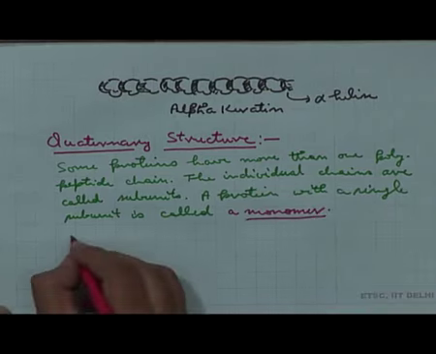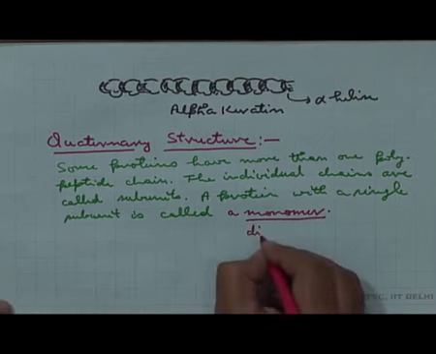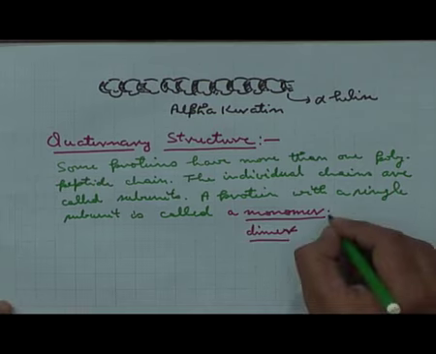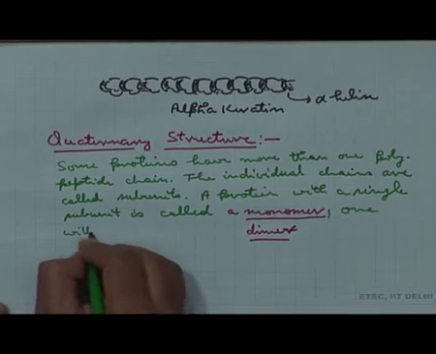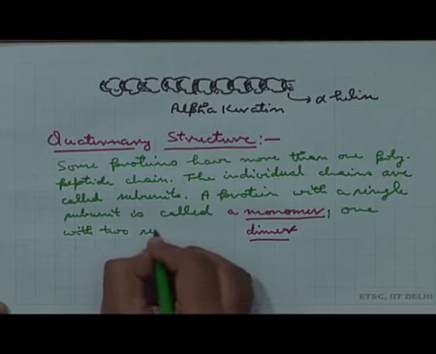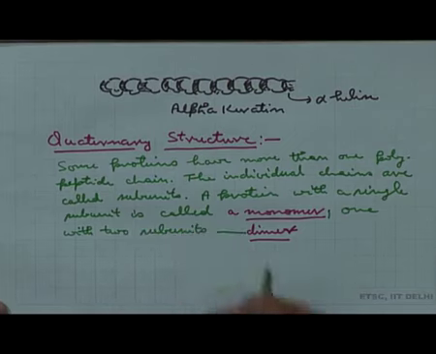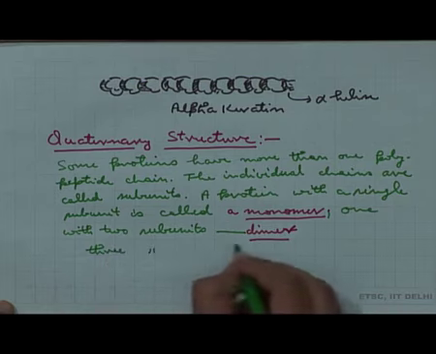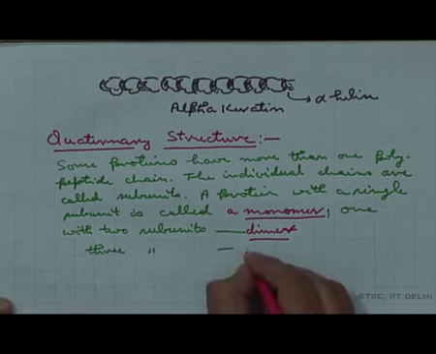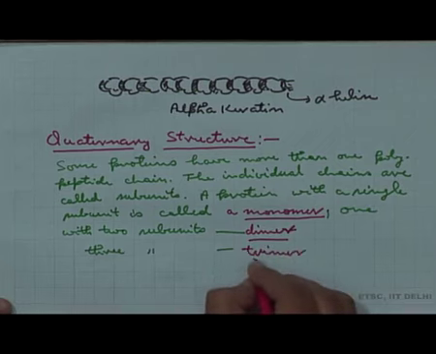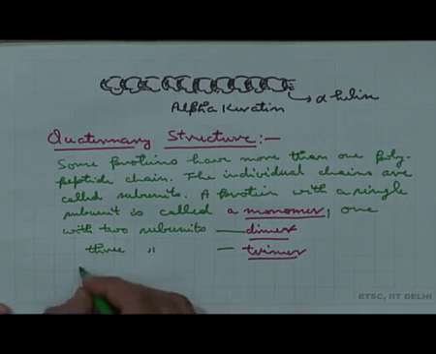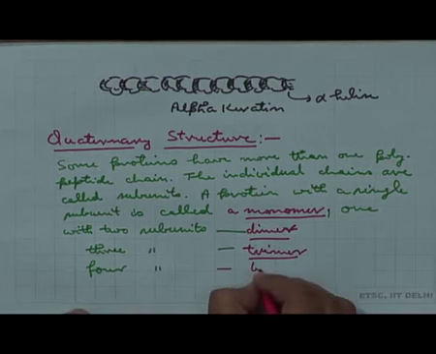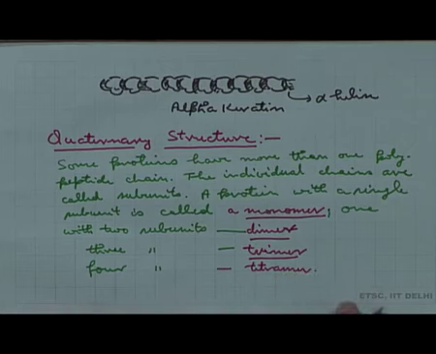One with two subunits is called a dimer, and similarly, three subunits, trimer, and four subunits called tetramer.